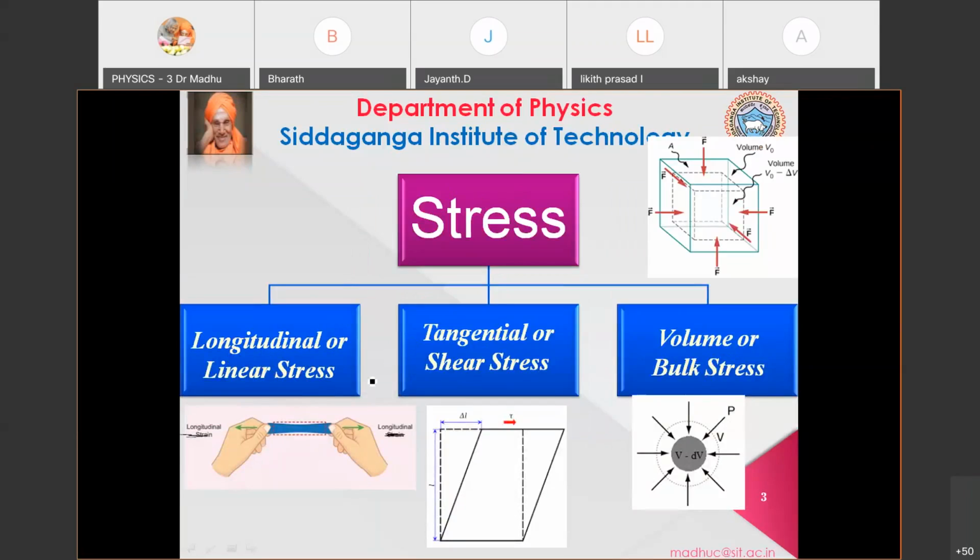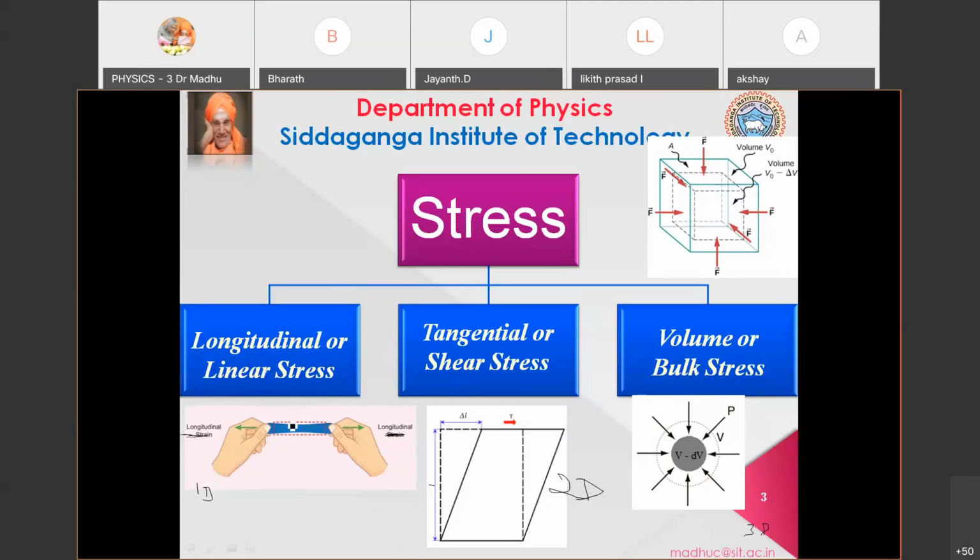I explained this is like one-dimensional stress, then a two-dimensional stress, and then a three-dimensional stress.